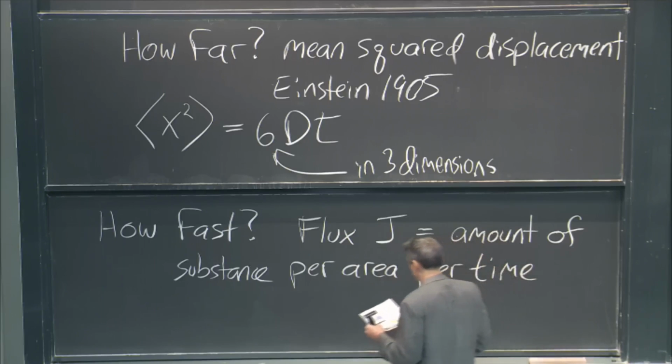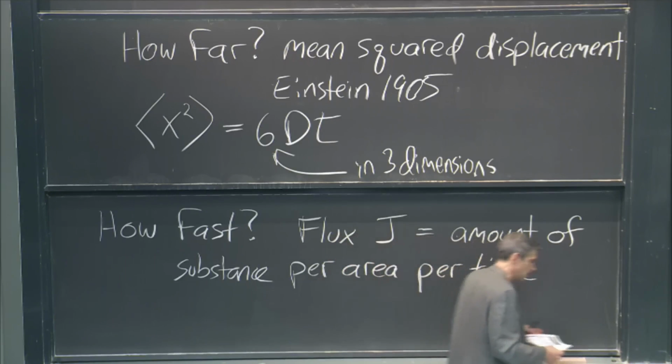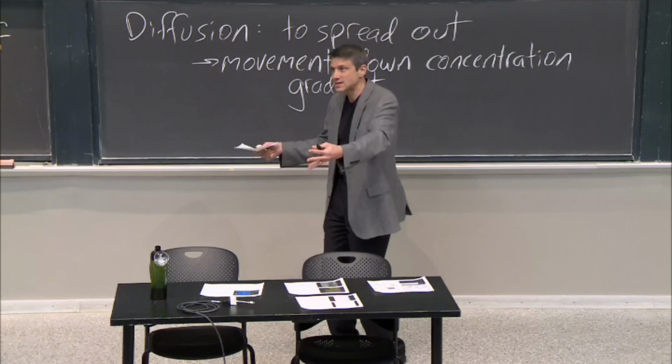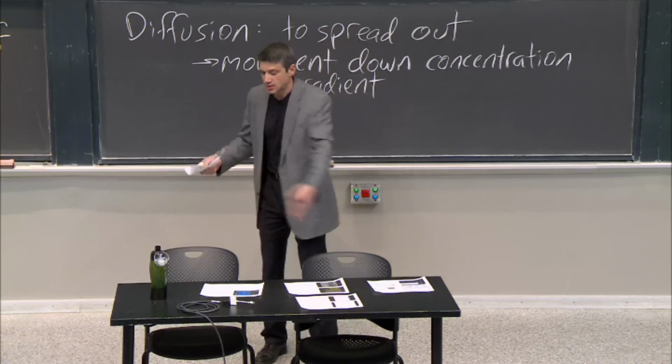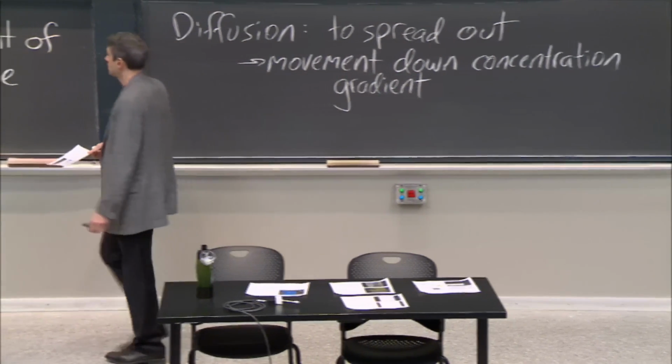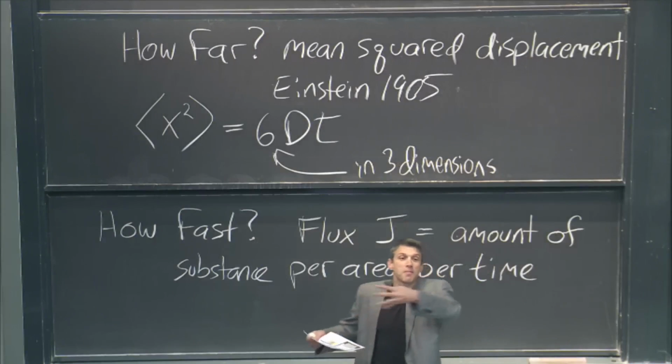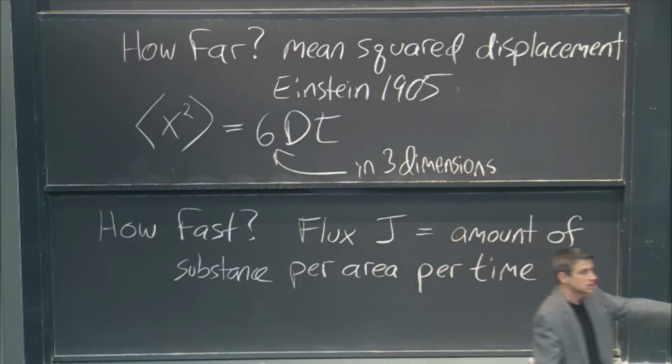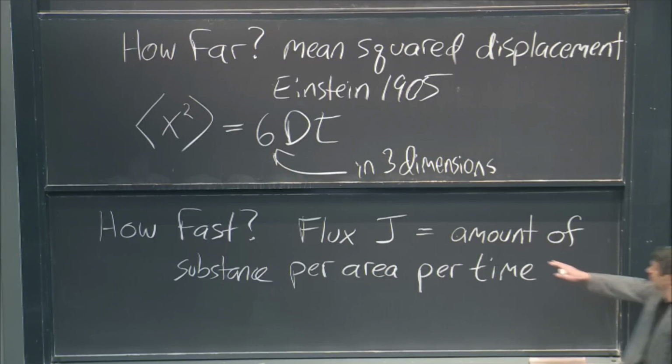That's the flux. The amount could be grams, right? A mass, kilograms, micrograms, nanograms. It could be number of atoms, moles. That's also an amount, right? So we'll just say amount. That's general.